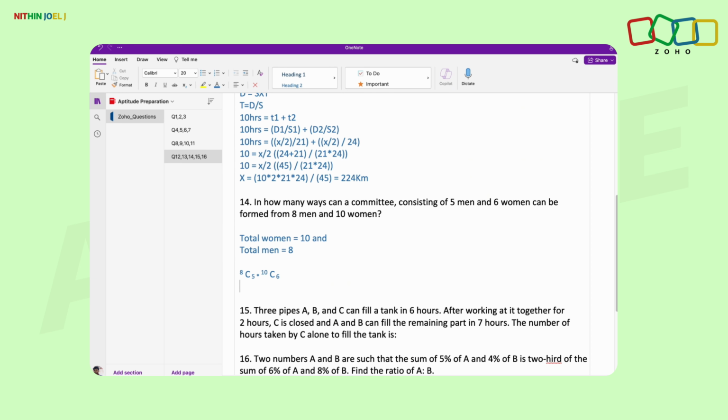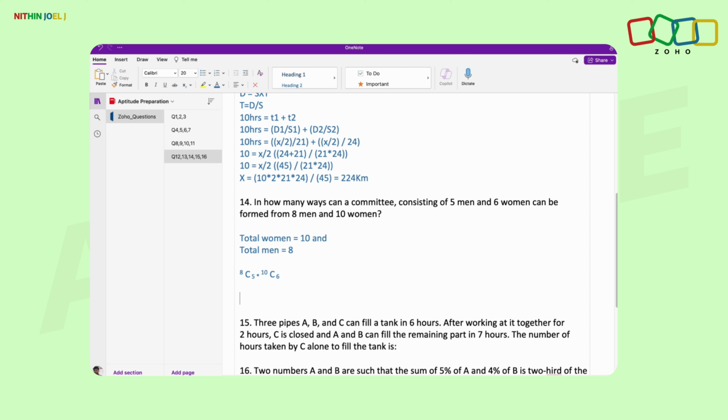So let's solve this, and we know the formula for this is 8 factorial divided by r factorial, which is 5 factorial, into n minus r factorial, which is equal to 3 factorial over here.